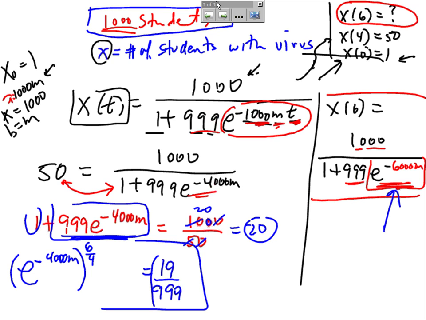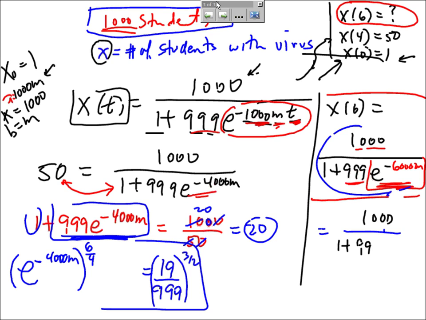I'm going to do the same to the other side, except I know 6 over 4 is really 3/2. So, just copying this down, I get 1,000 on top. On the bottom I get 1 plus 999 times e to the negative 6,000m.